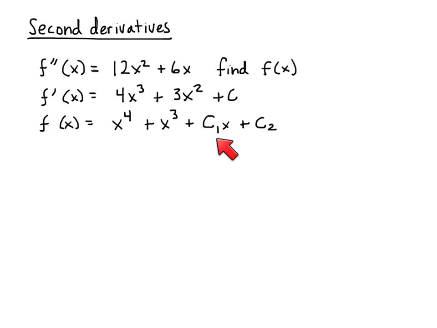I get C1 times x. And then I'm going to add on the constant that I need for taking the second antiderivative. So every time you take the antiderivative, you get a new C that you have to incorporate. It's going to be very rare that you can combine those C's, because every C that you add, the next time you take the antiderivative, you're going to be getting that C times x. And so here we have two constants that we have to incorporate.